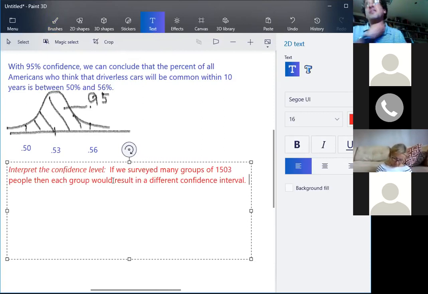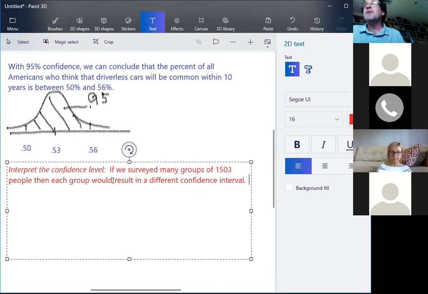So one of the things you look at is say, well, there is a proportion of all Americans who think that self-driving cars will be common, right? We don't know what it is, but there is one. So the question is, is it between 50% and 56%? And the answer is maybe. Does that make sense?